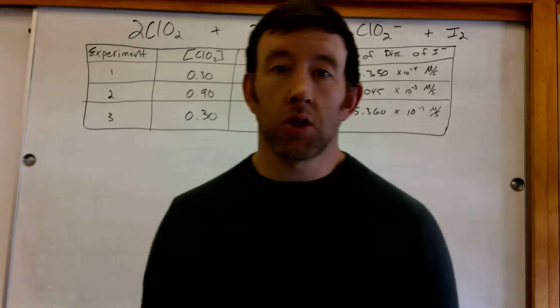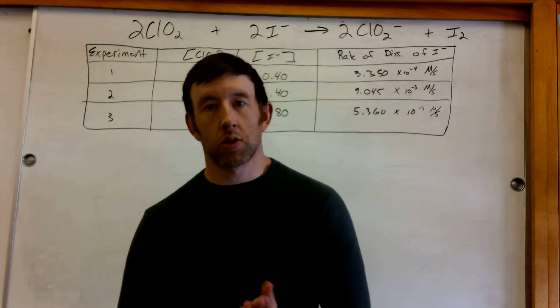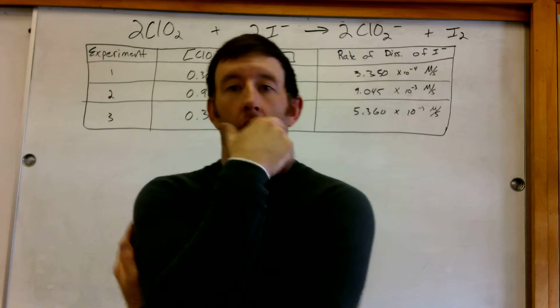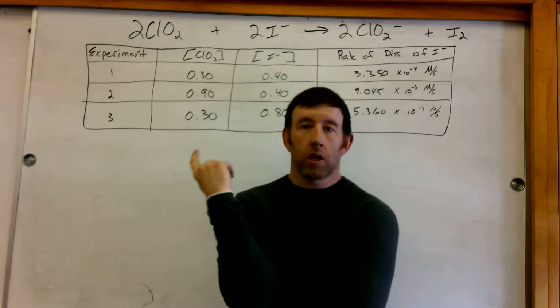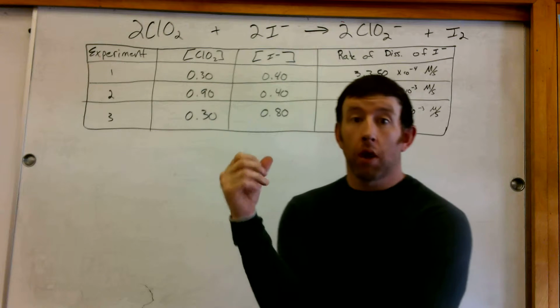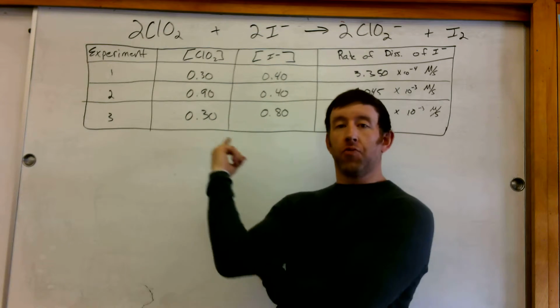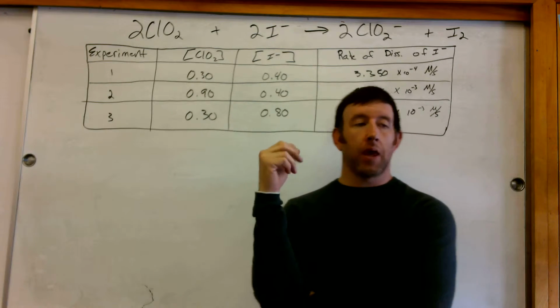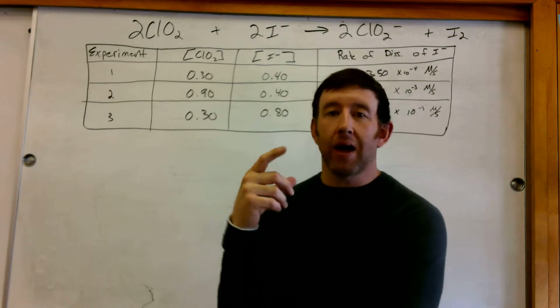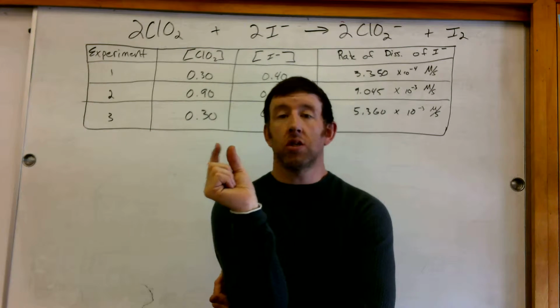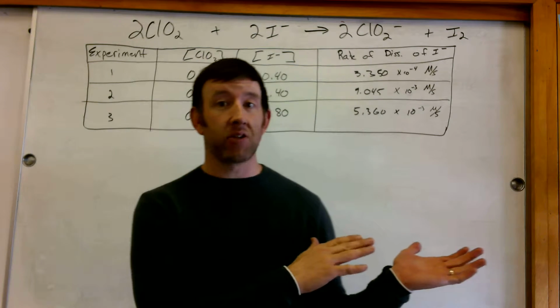So the next installment is to start talking about rate and concentration, right? The ultimate goal of what we're doing here is to learn about rate law. We look at the reactants in a reaction and identify how changing the amount of those reactants, the concentration, affects how quickly that reaction occurs.